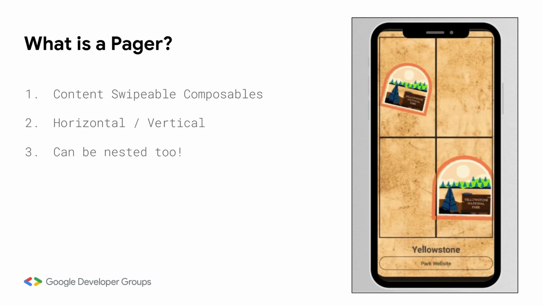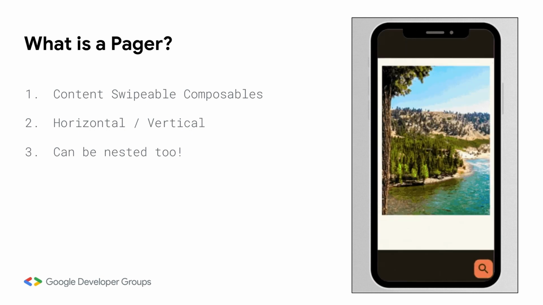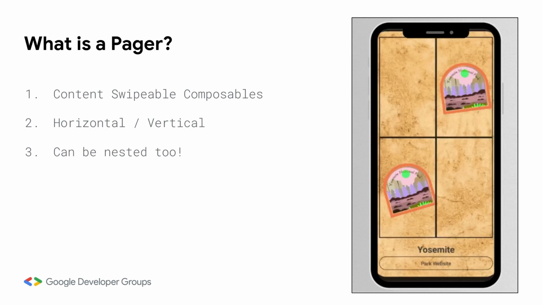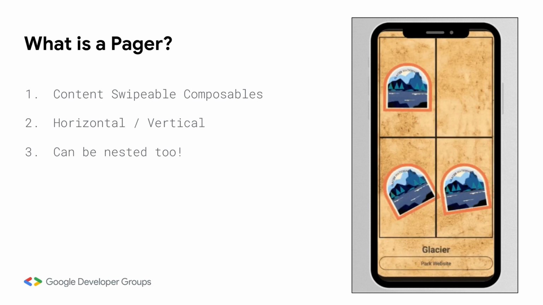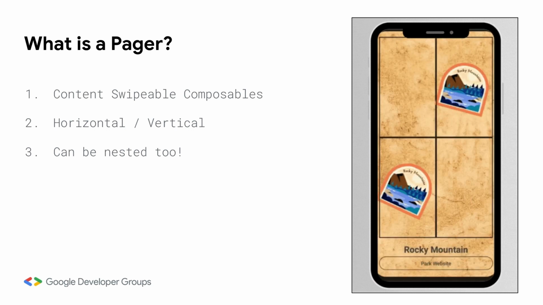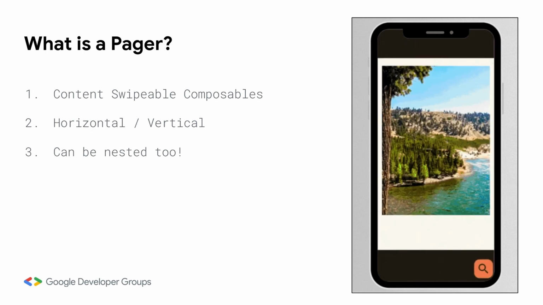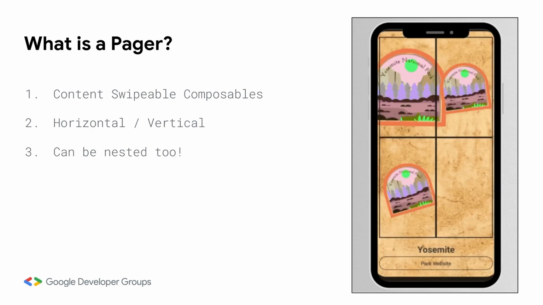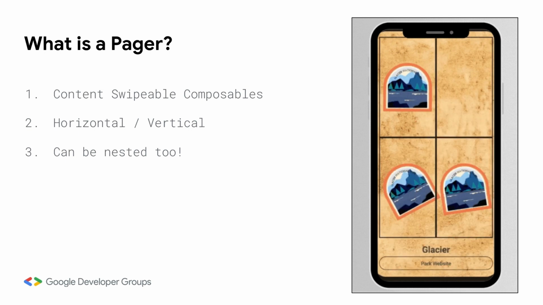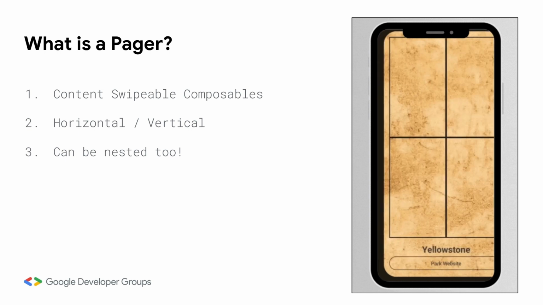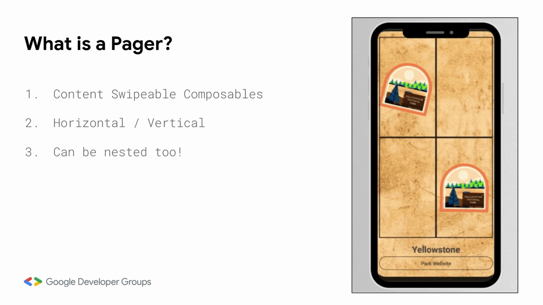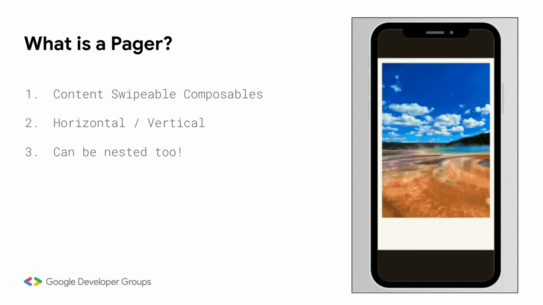What I mean by that is, as you swipe right, you will be getting more and more passport pages. But on any particular passport page, when you swipe towards the bottom, you're going to see photos like you're seeing in the GIF, and that's the vertical pager on every horizontal page's index. So that's basically what a pager is.